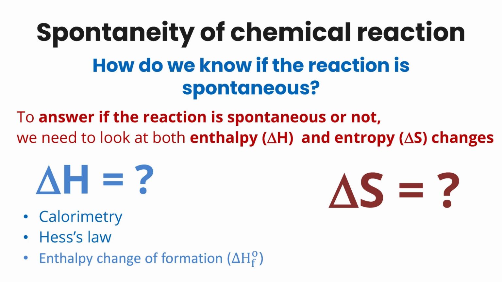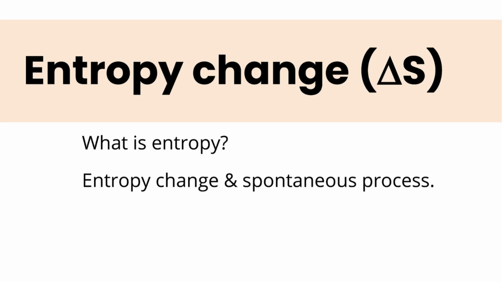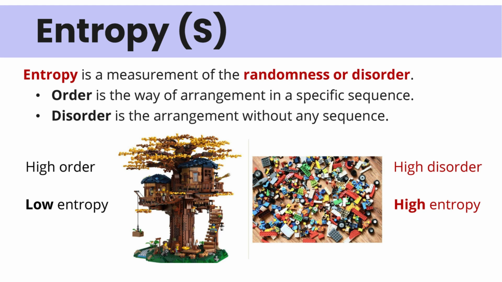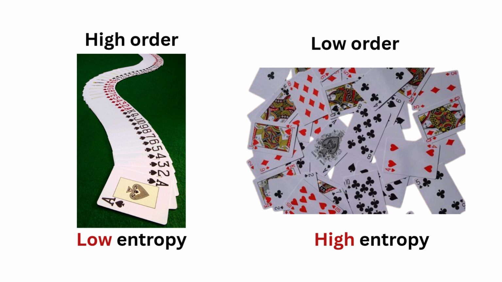And that something else involves entropy, symbol S, and the change is delta S. Entropy, often called disorder. Right, randomness. Yeah, that's the usual description. Think about order versus disorder. A neat deck of cards, perfectly arranged, is low entropy, very ordered. Then I knock it over. Cards everywhere. High entropy, much more disordered, more random, with lots more ways for the cards to be scattered than to be in that one specific ordered sequence.